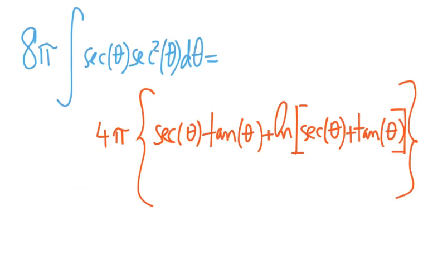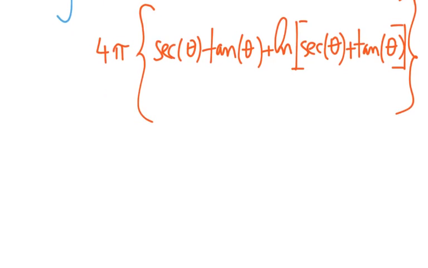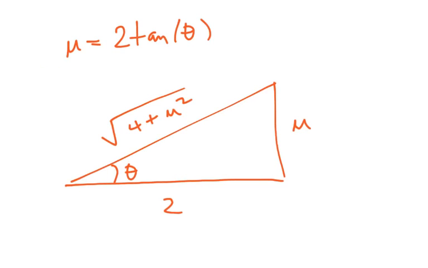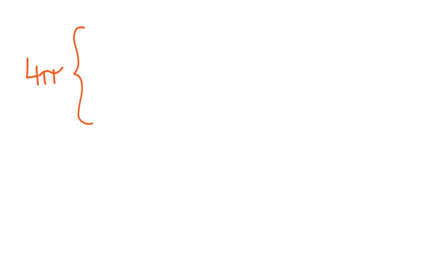Are we okay with that? All right. So we have 4 pi, and secant theta is going to be 1 over cosine, so the square root of 4 plus u squared over 2.